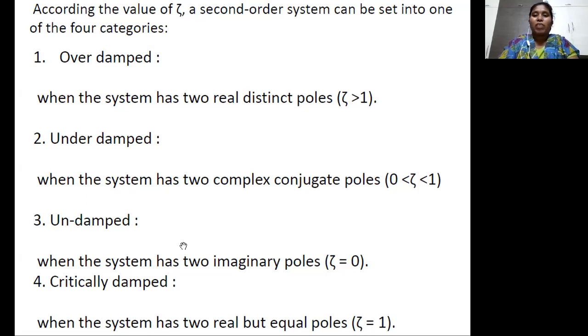Those are the values of s which drive the transfer function to an infinite value. That means if you substitute the value of s in that particular transfer function equation, the transfer function value must be equal to infinite. Then those values of s are called poles of the given control system.